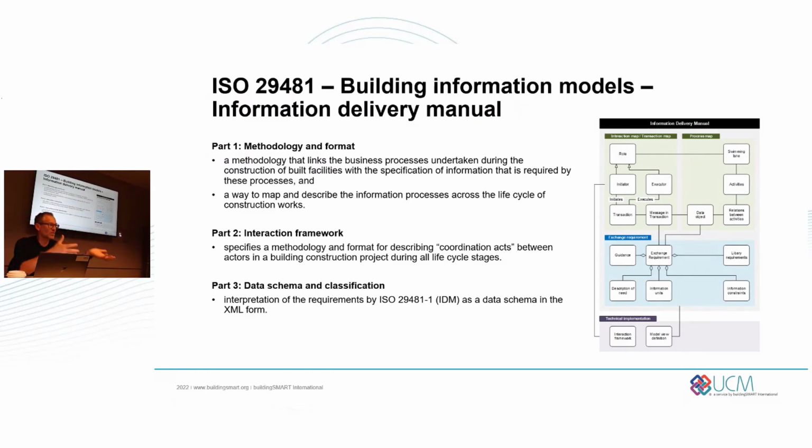We have all the roles and processes, which are defined together with the process maps, and are detailed in part 1 and part 2 with the interaction framework. And of course, we have part 3, which refers to the exchange requirements. So this is an established standard, the established way of thinking of how use cases are defined and described for quite a while now.